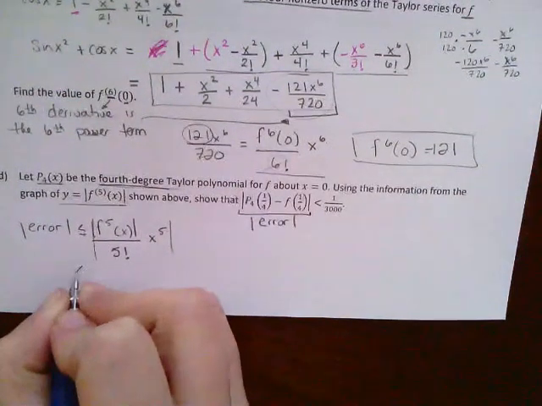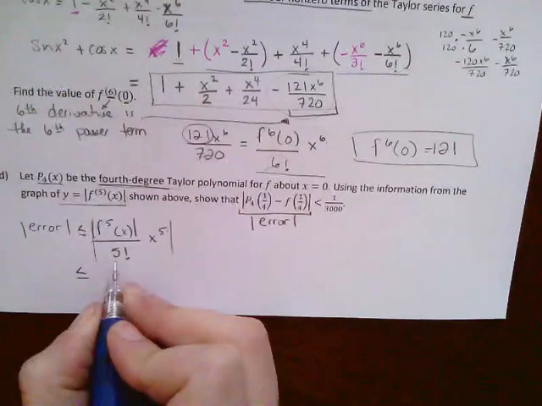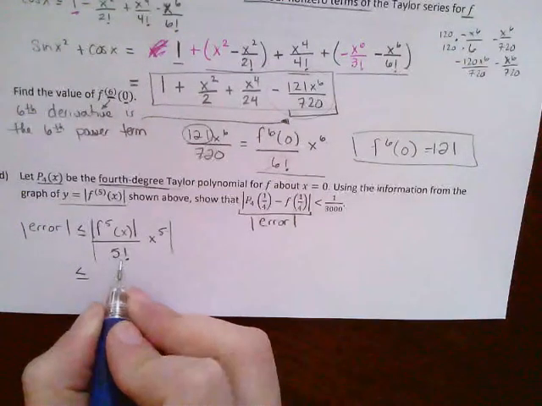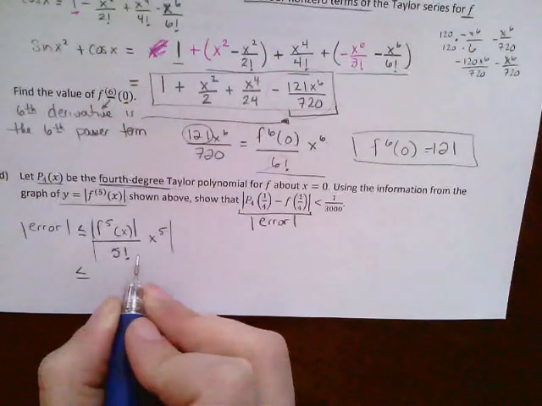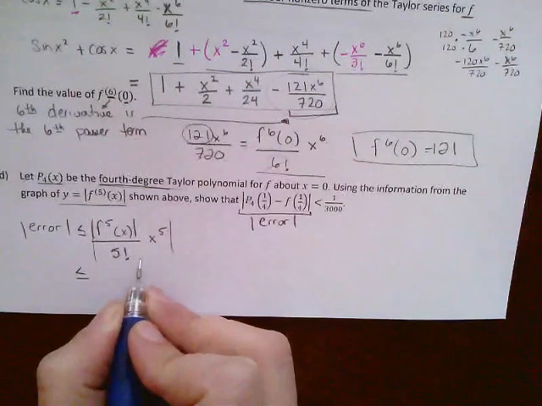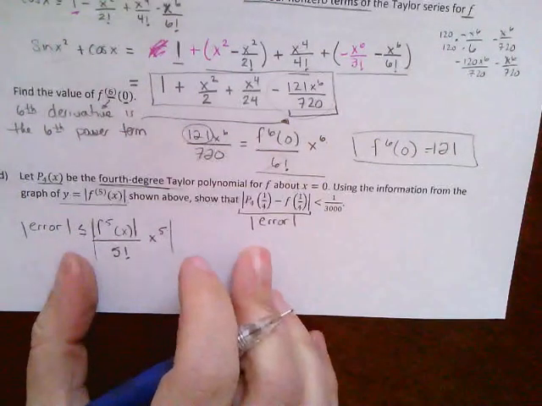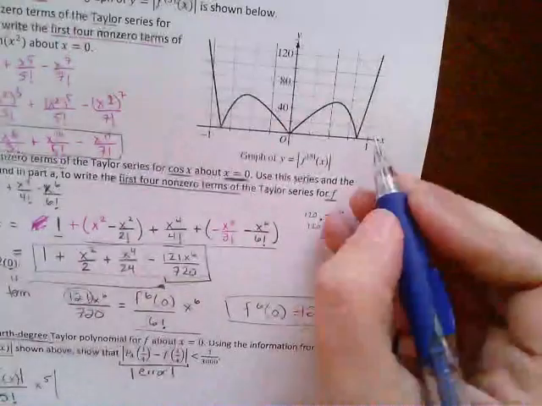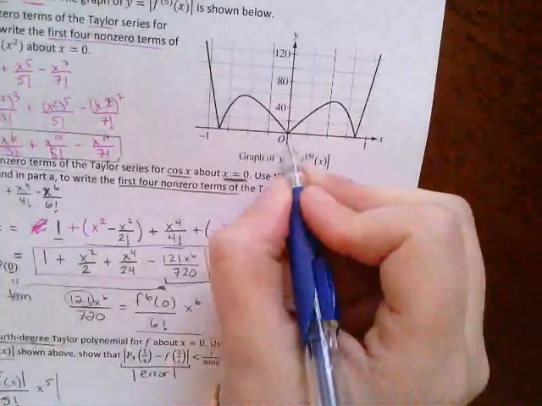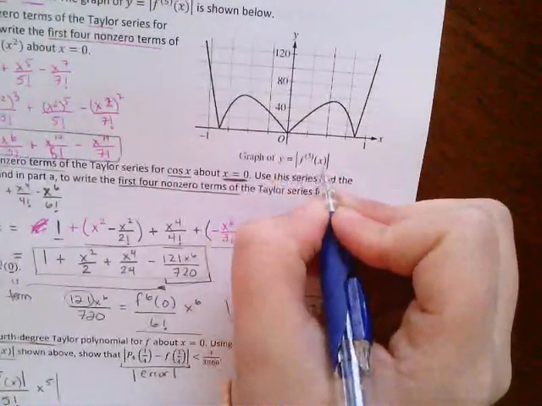So the error is going to be the fifth derivative of x. At what term are we going to be focused on? Let's look at our graph, remembering that this is 1. So this is the graph of f5 of x.